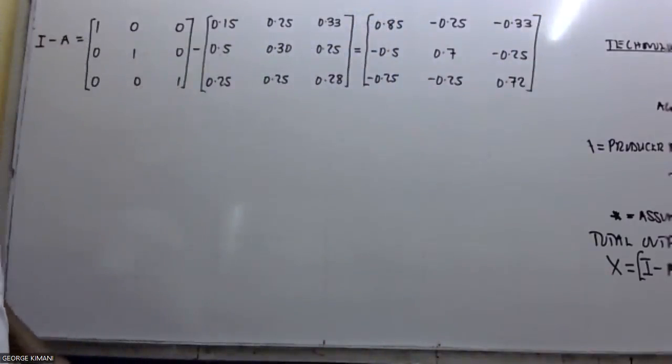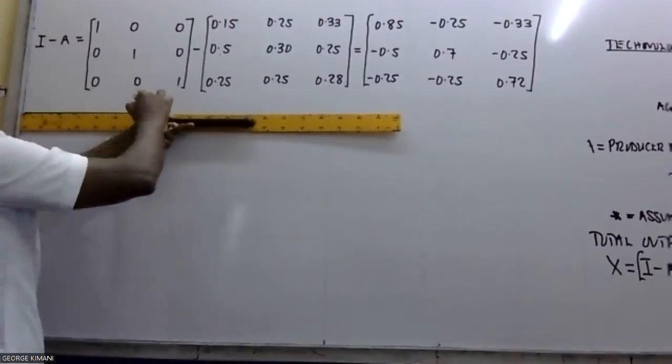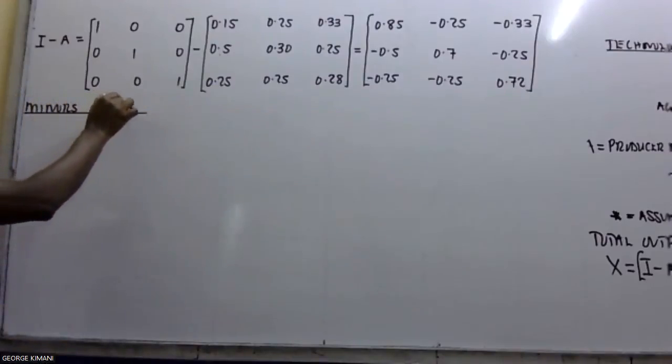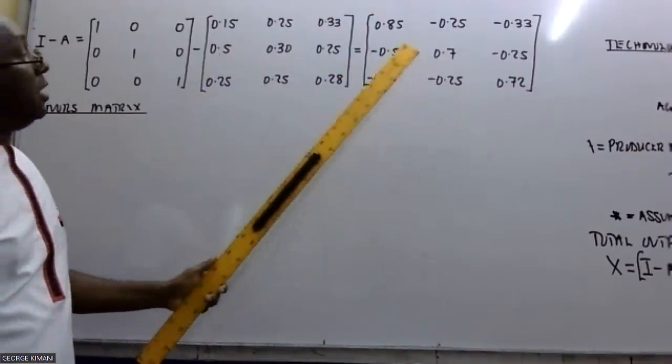Okay. From there, we prepare something called minor matrix. Now, the minor matrix, this is how we go about it. You start here.